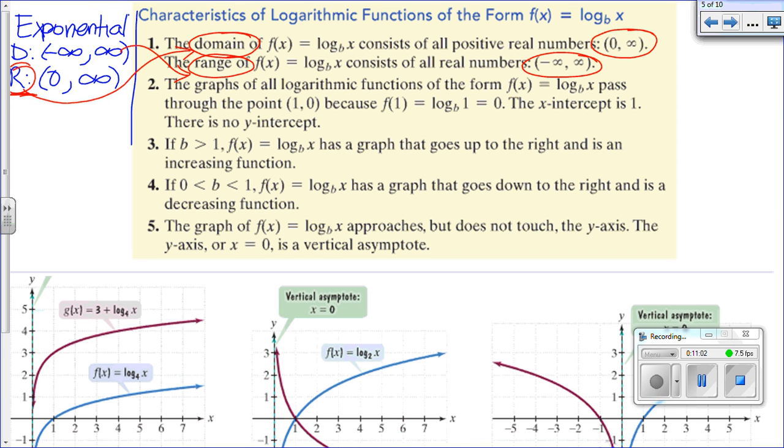Now, remember how I went over that exponential functions do have a y-intercept? So logarithmic functions will have an x-intercept, and that will happen at the point (1, 0), because the log of 1 of any base is always equal to 0.